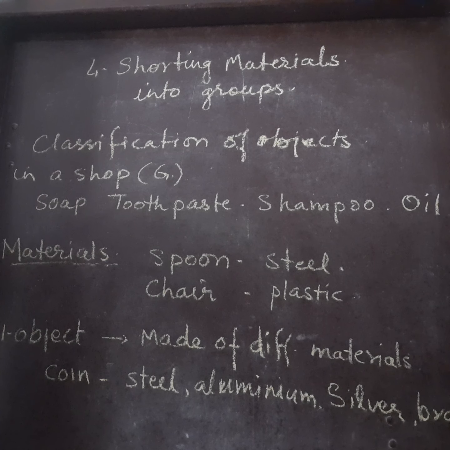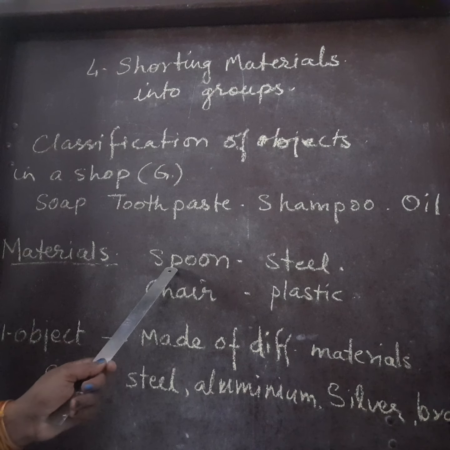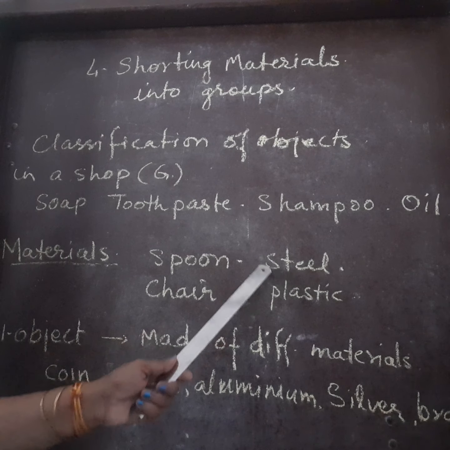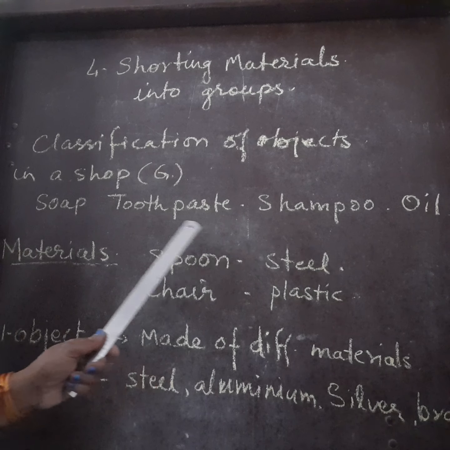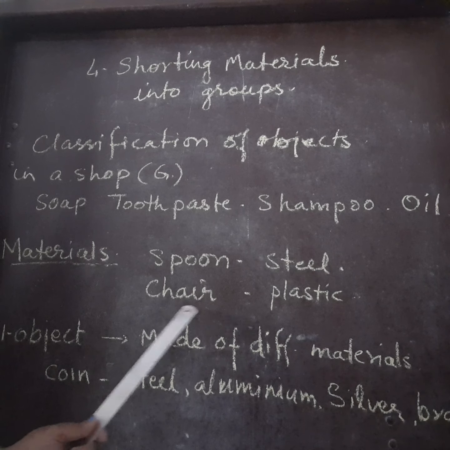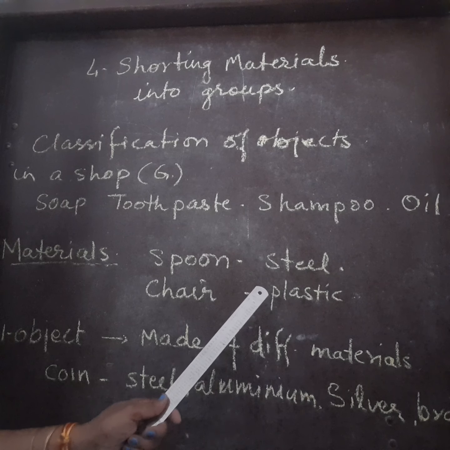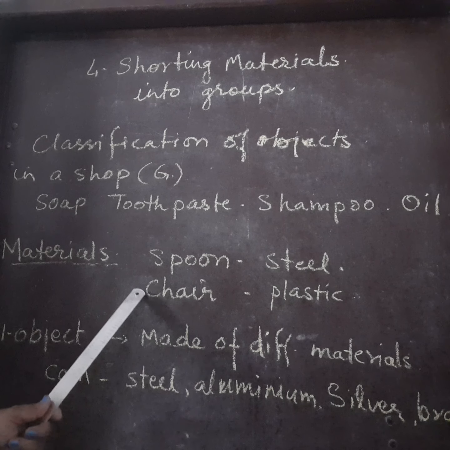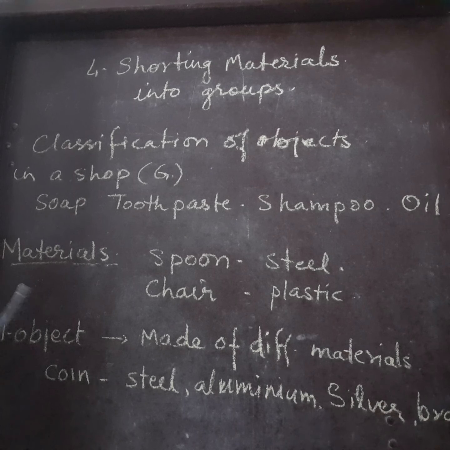So the thing that is used to make the object is called material. For example, I am showing you, a spoon is made up of steel. So steel is the material that is used to make the object spoon. Similarly, a chair is made of plastic. So plastic is the material which is used to make the object chair.